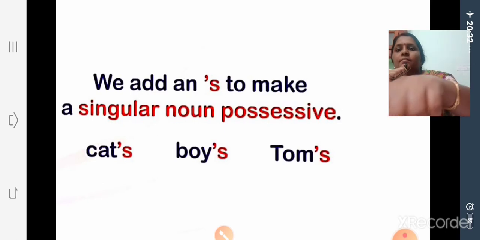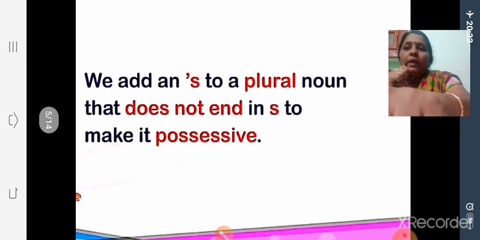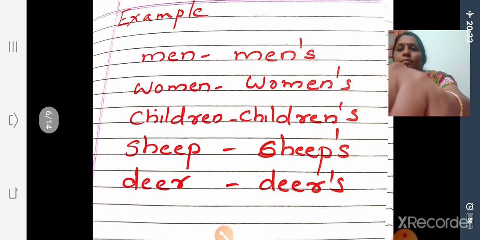Then second rule: we add an apostrophe s to a plural noun that does not end in s to make it possessive. I'll show you an example.